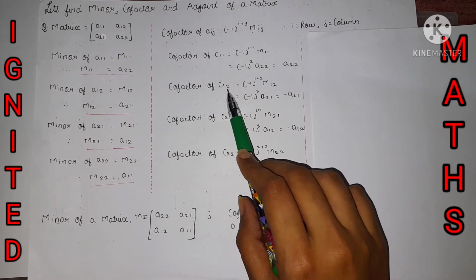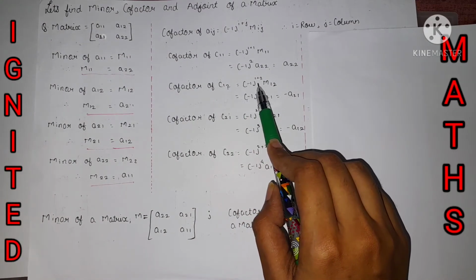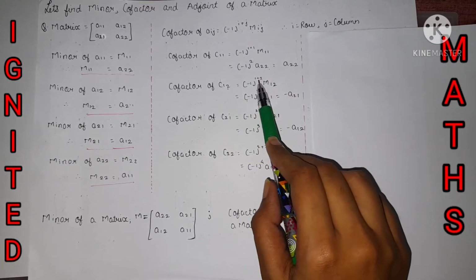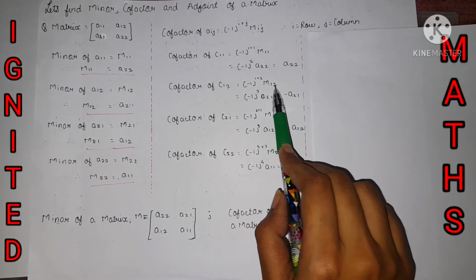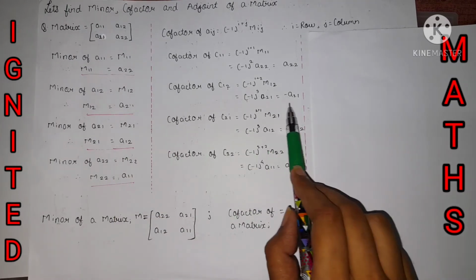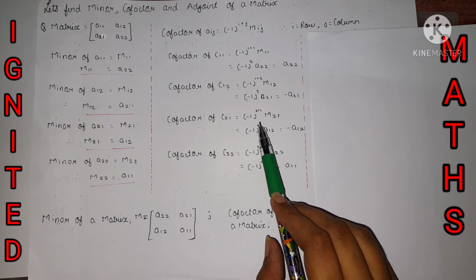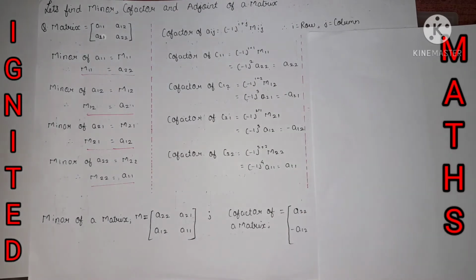Now the cofactor of C12, first row second column: (-1) raised to i plus j, where i plus j is 1 plus 2, and M of 12 is A21. But minus 1 raised to the cube is minus 1, so it is negative, as we have mentioned over here.